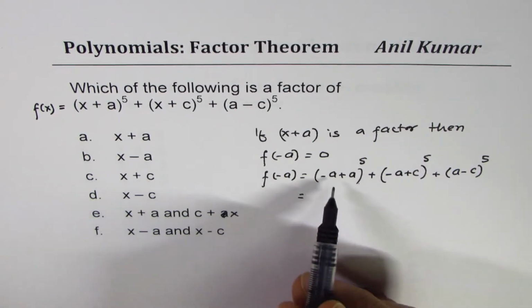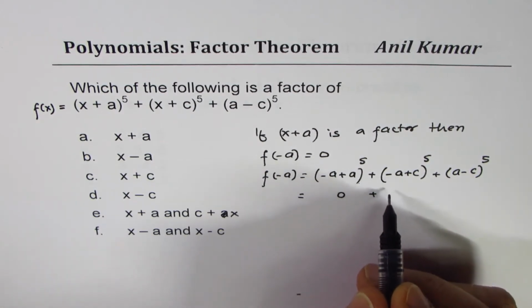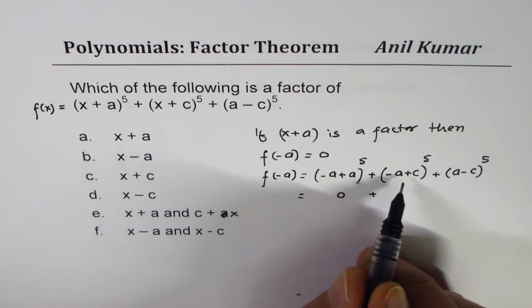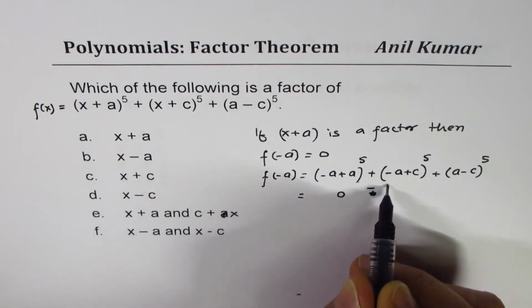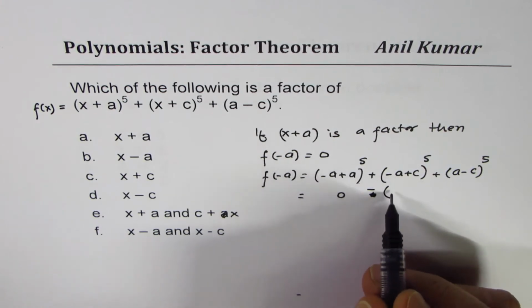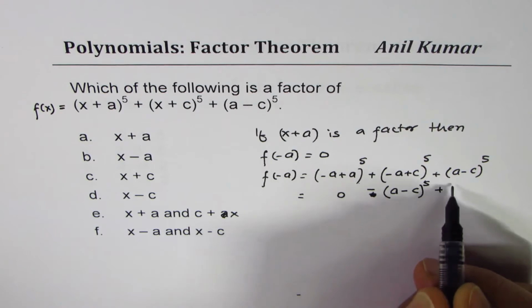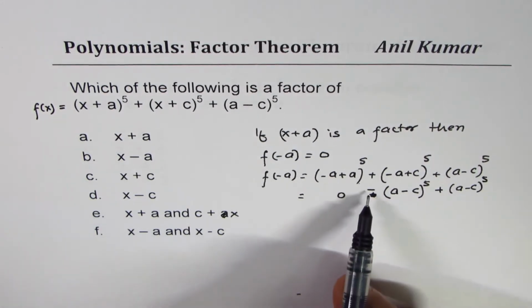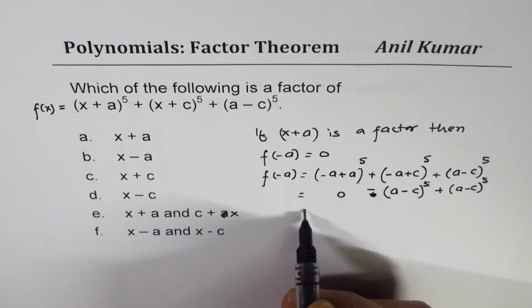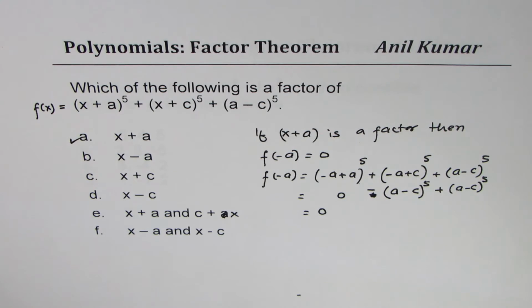So this first term is 0, plus, since it is minus here, I could factor out minus. I'll write minus (a minus c) to the power of 5 plus (a minus c) to the power of 5, right? Now we have plus and minus terms, so we do get 0, and therefore definitely x plus a is a factor, correct?